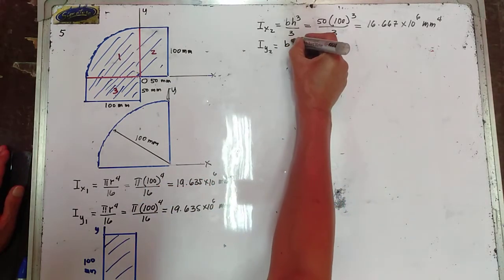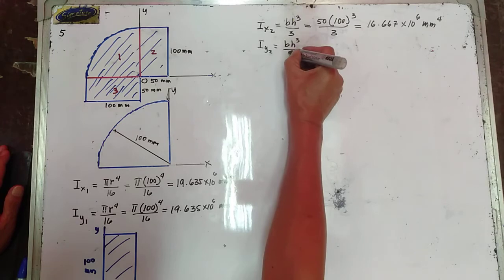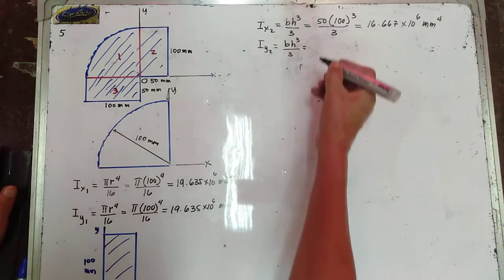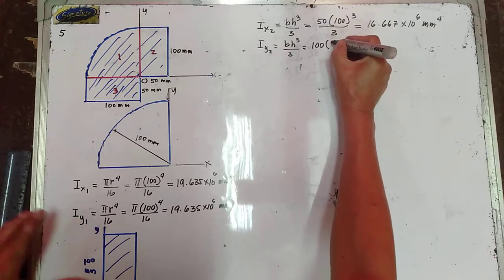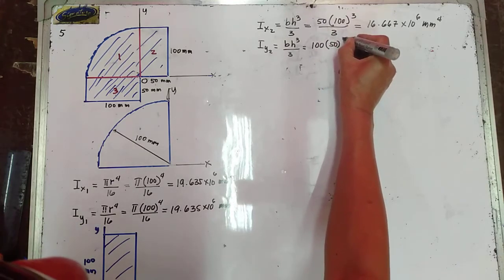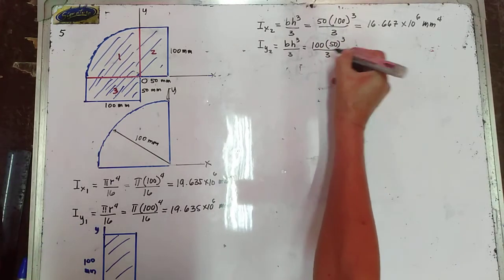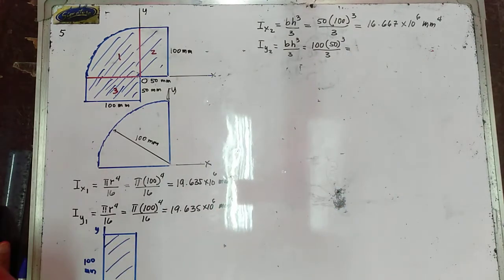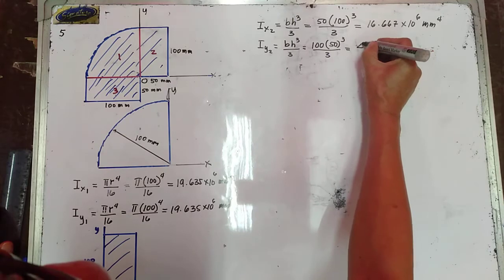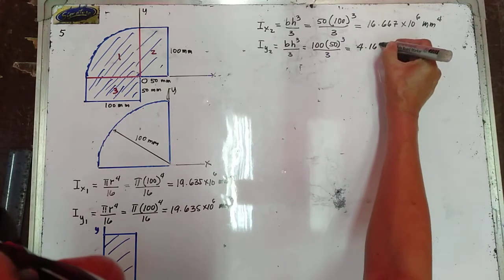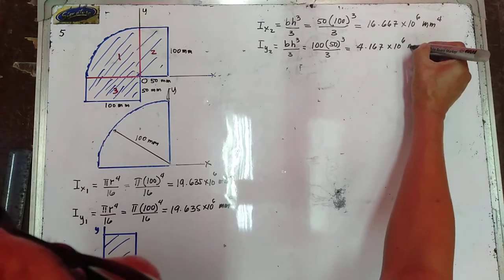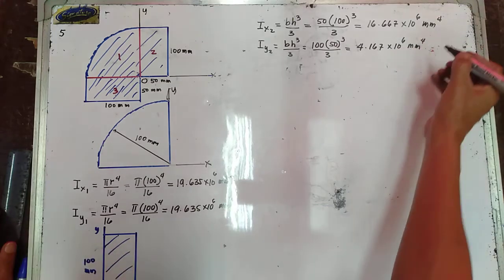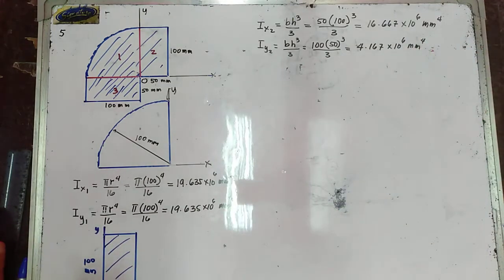And that is bh cubed all over 3. So this time your b is equal to 100, and then your h is 50 cubed all over 3. So your Iy2 in here is equal to 4.167 times 10 to the 6 millimeter raised to the 4th.